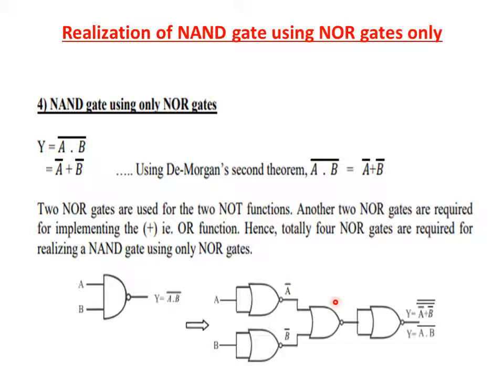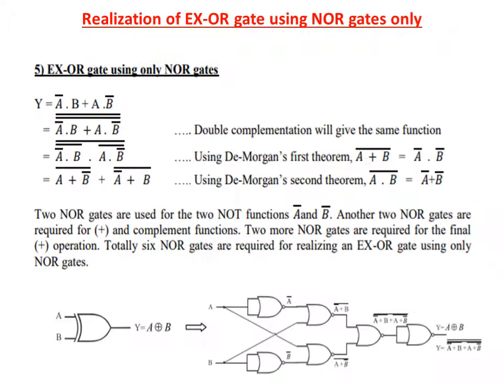Here the output at this position is y is equal to (a bar plus b bar) the whole complement, and at this NOR gate output it is y is equal to (a bar plus b bar) double complement. Now the double complements are removed, then we apply De Morgan's rule. So we obtain the answer y is equal to (a dot b) the whole complement.